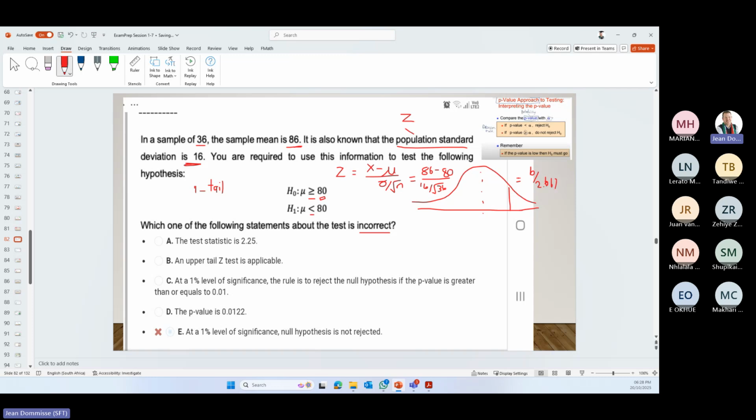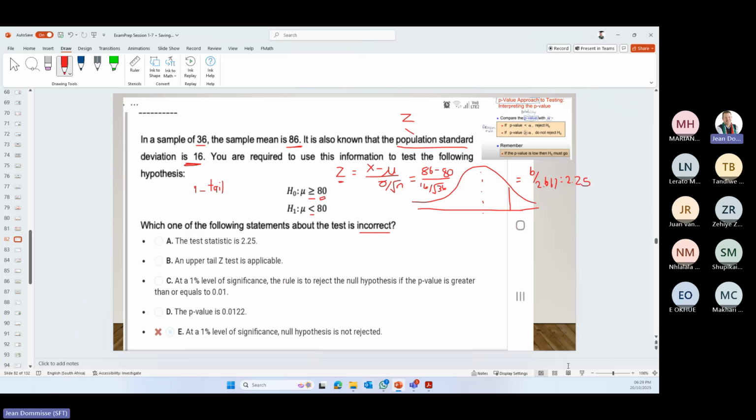So 6 divided by that gives a z value of 2,25.